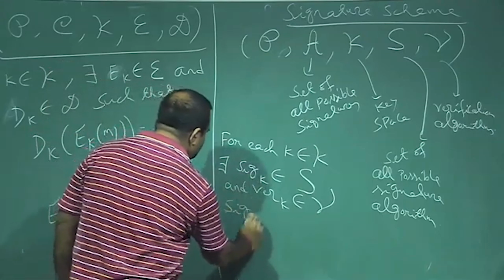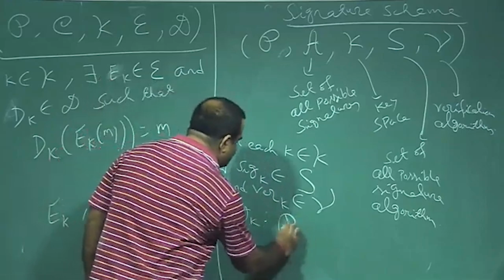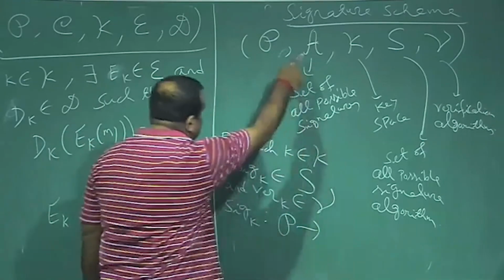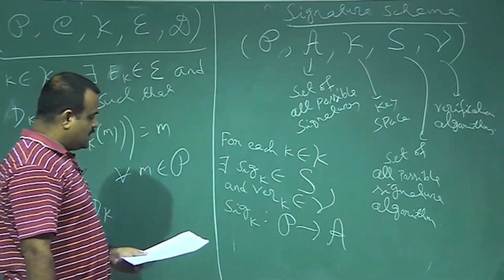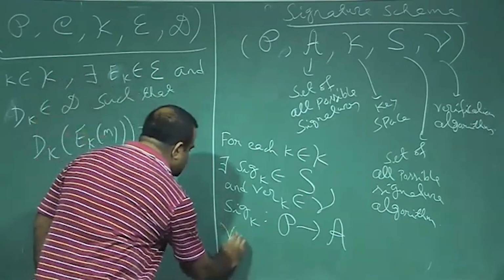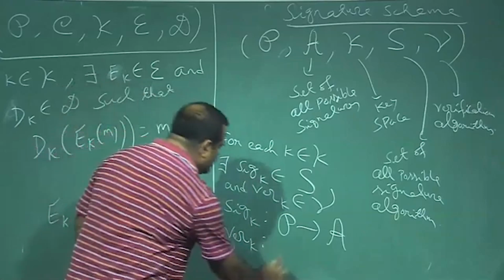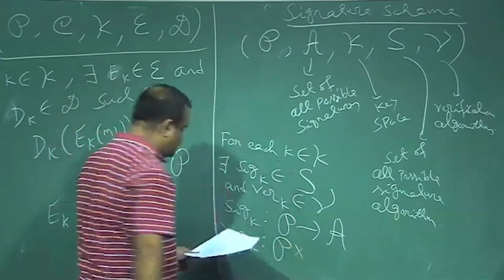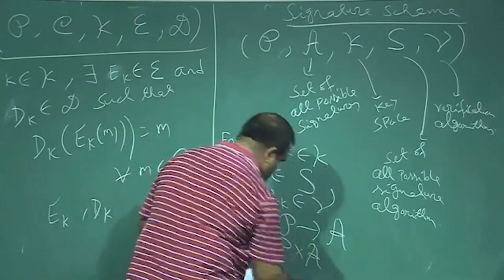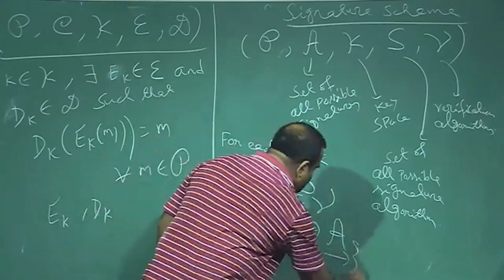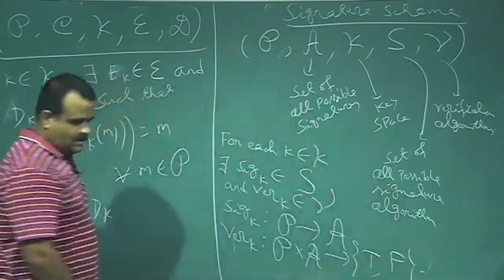The signature of k is basically a function from the plain text space to the set of all signatures, and the verification takes the plain text space and the signature, and gives us either true or false, authenticated or not authenticated. Okay.